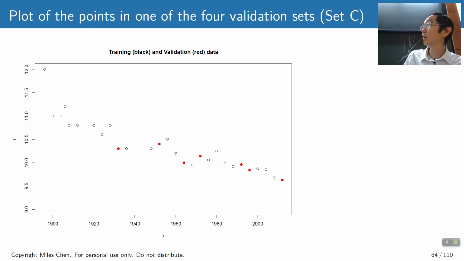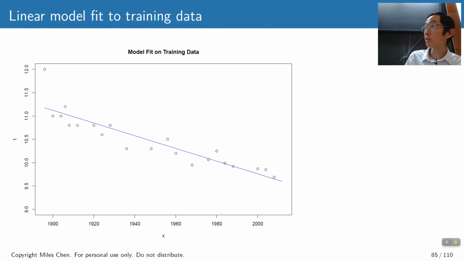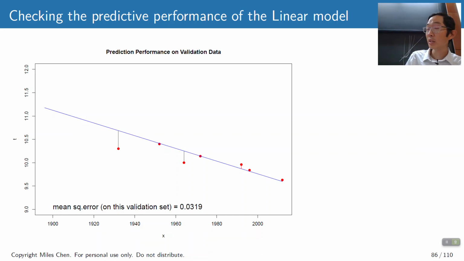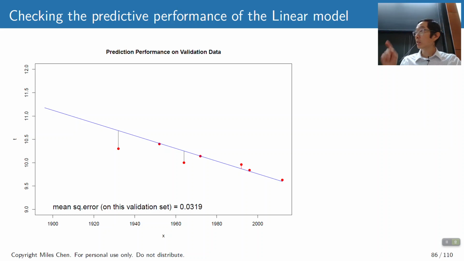If you look, I'm going to bring back these 7 dots here, and this is the exact same line. This is the line that was fit on the 21. I say, here are the 7 red dots. How much error do we have? The mean squared error on this particular validation set is 0.0319.